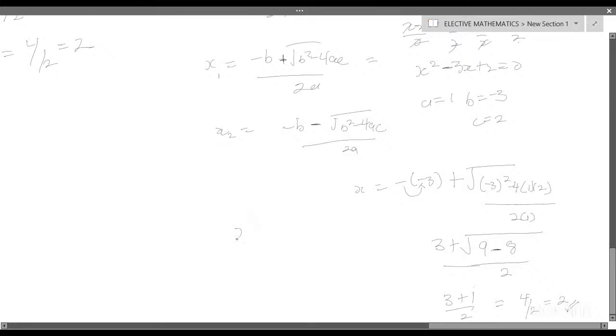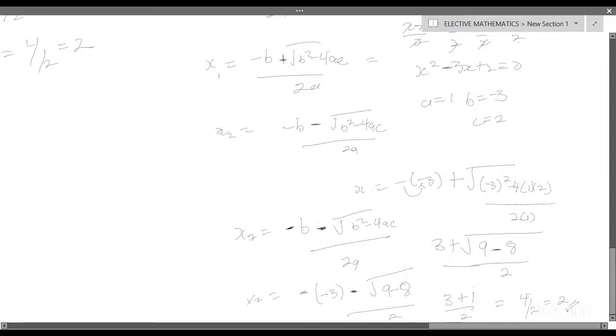Then x2 equals minus b minus, remember that the first one we used plus, minus root of b squared minus 4ac over 2a. x2 will be equal to minus, what is our b? Minus negative 3 minus root of, it's basically the same thing. So here we'll get 9 minus 8 all over 2.